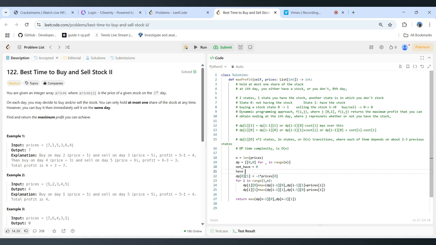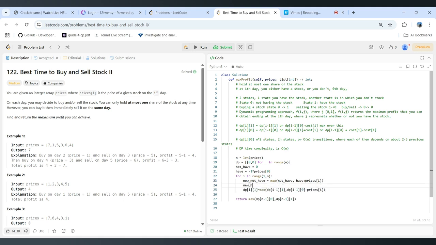Have is equal to negative 1 times prices of 0. And then we can just say not have is equal to max between not have or have plus prices of i, and that gets rid of this.